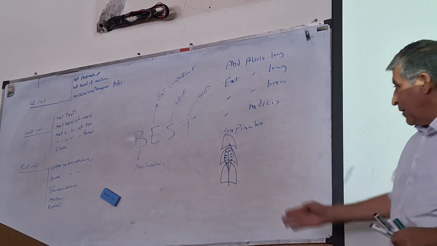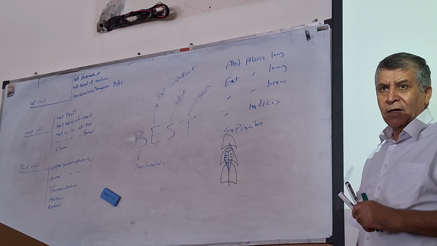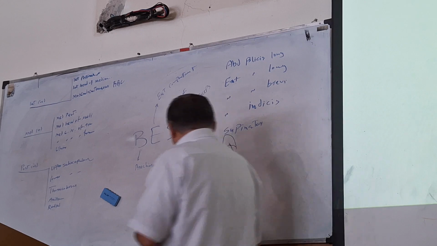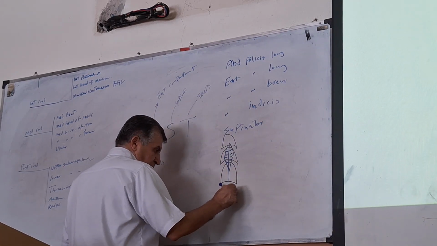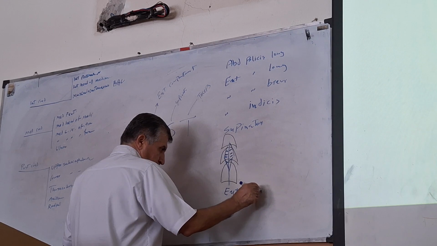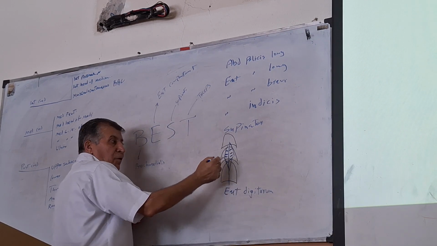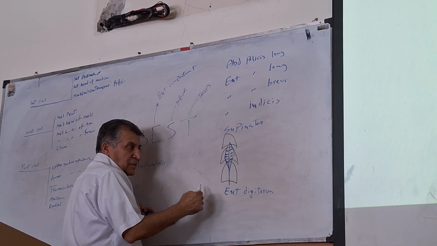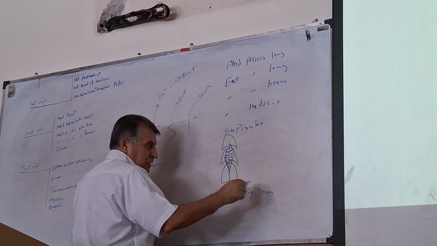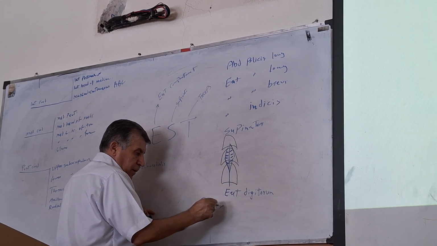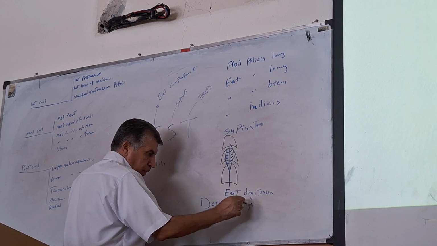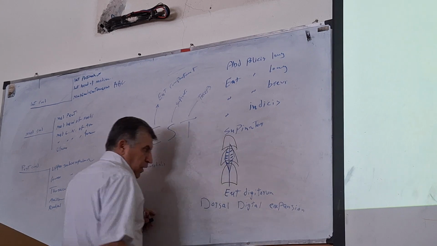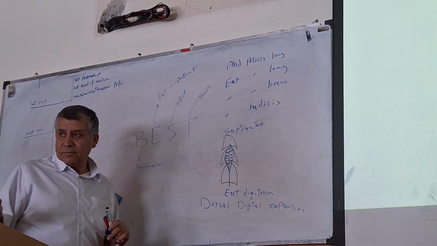This is the dorsal digital expansion. The tendon of extensor digitorum divides into three parts and attaches to the middle phalanx and distal phalanx, forming a special structure called the dorsal digital expansion, for attachment of other muscles.